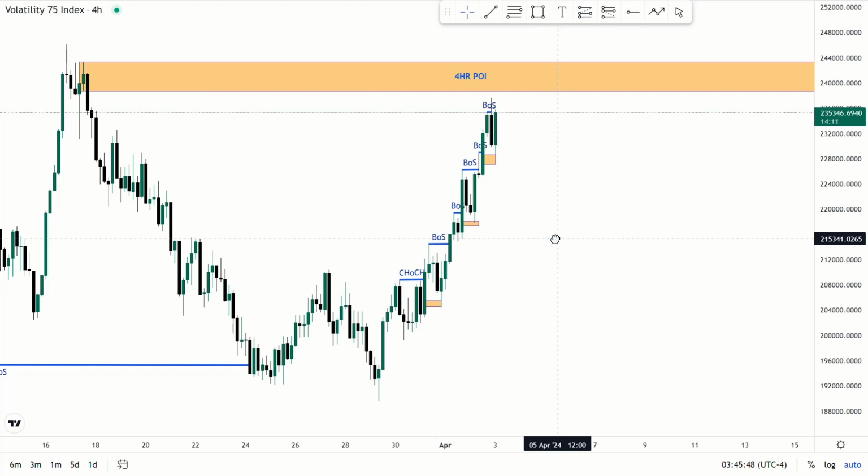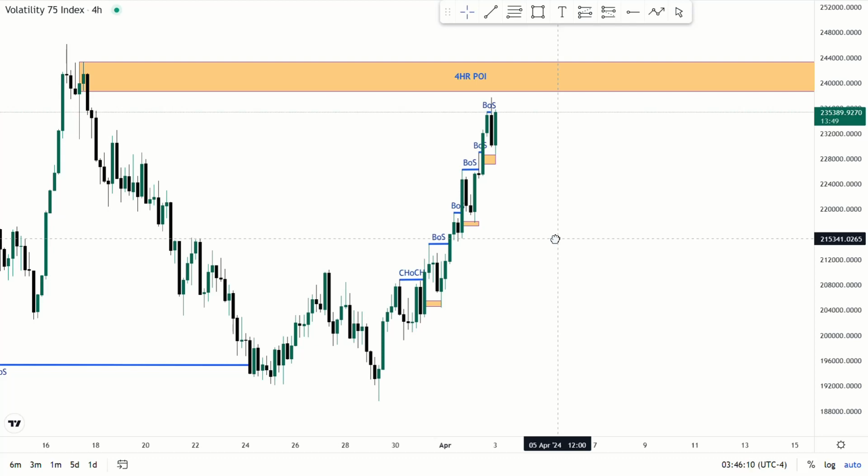For the 4-hour chart, if your analysis time frame is 15 minutes and your entry time frame is 1 minute, your bias can be what? The 4-hour chart.